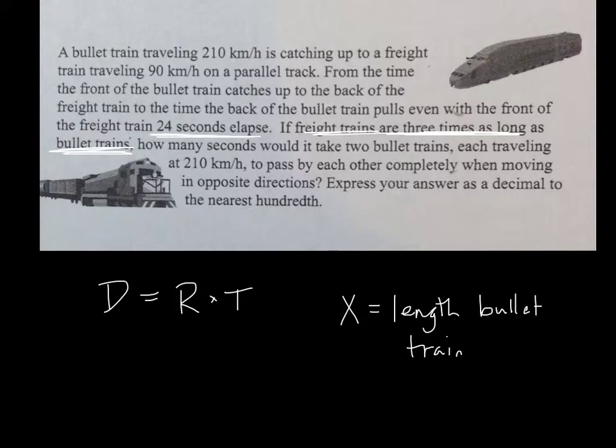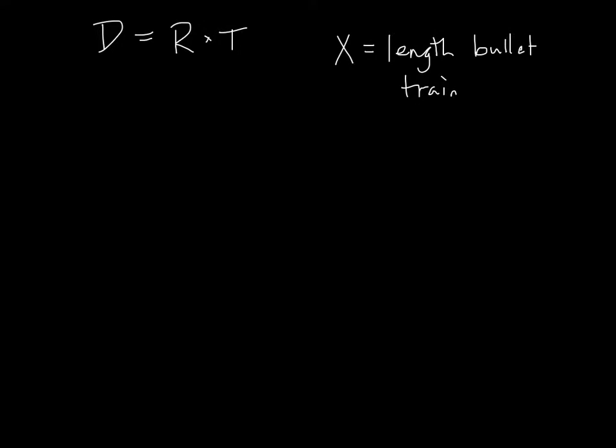Okay, 24 seconds elapse, which means we should be able to find a distance. We have a rate and we have a time, so that should be enough to get us a distance. And from the time the front of the bullet train catches up to the back of the freight train, to the time the back of the bullet train pulls even with the front of the freight train. Okay, let's sort out what all that means.